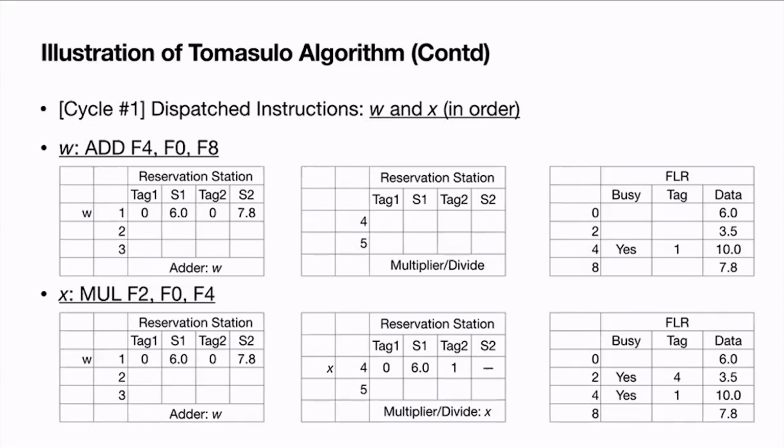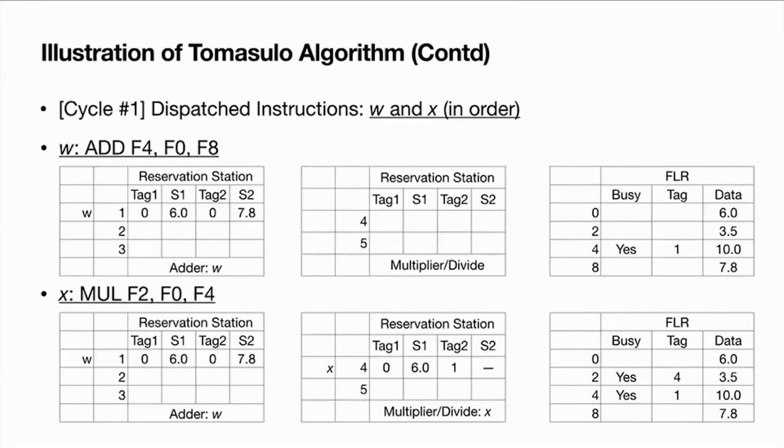So we go back to the FLR and update the entry corresponding to F2 by making busy set and the tag field 4, because this corresponds to the 4th entry in the reservation station, which is producing the value for F2, and that is what we mentioned here. So now 3.5 and 10 in F2 and F4 in the FLR are stale copies, and they will be updated with the new values produced by instructions sitting in reservation station 4 and reservation station 1 respectively.